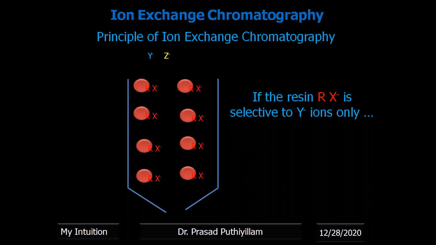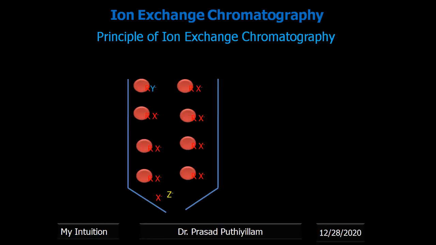Therefore, if it is allowed to pass through, the Z minus ion will reach the bottom of that column at a faster rate because it cannot interact with the resin, whereas the Y minus may replace that X minus, and it will sit along with the resin. That means from a mixture of Y minus and Z minus, the Z minus can be removed easily.